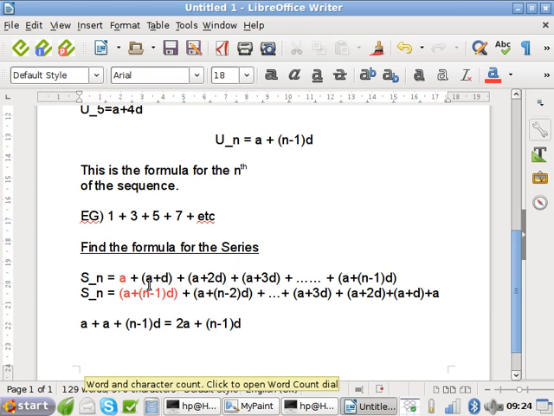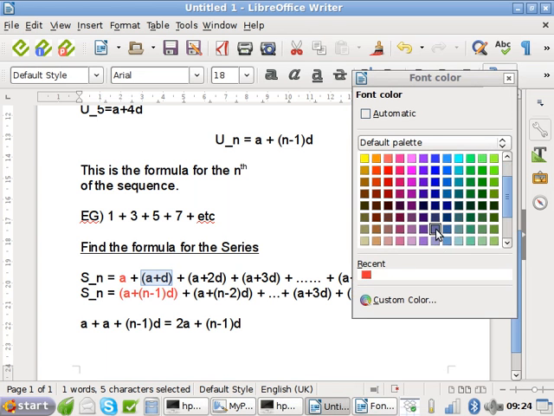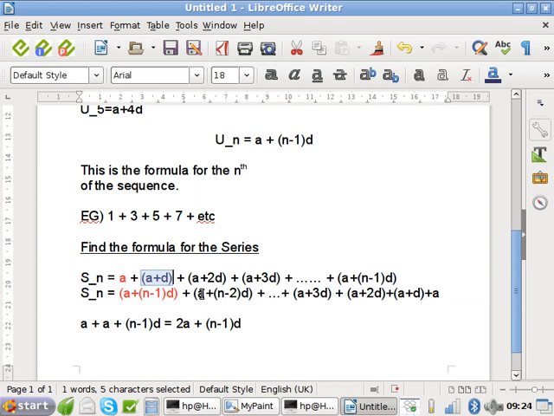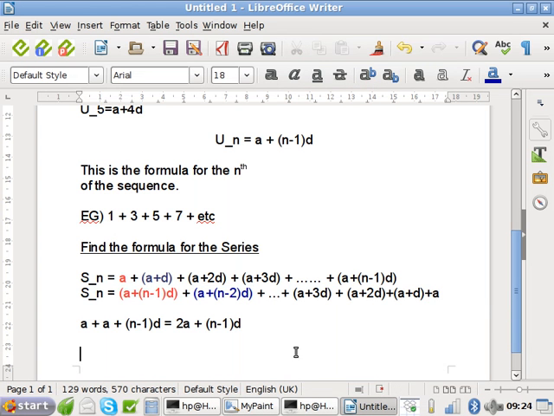Now let's add the next two. So I'll put them in a different colour. I'll add the next one, which I'll put in a kind of blue, with this one here. So a plus d plus a plus n minus 2d.